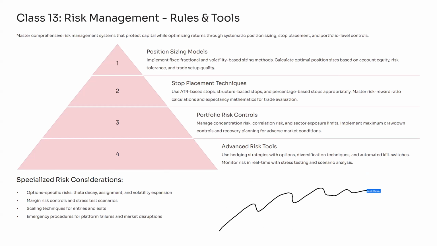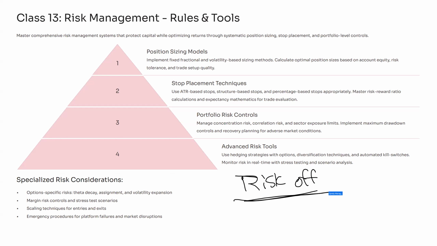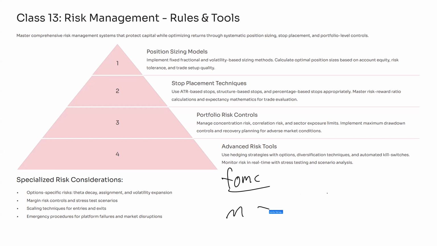There's this thing called risk off. Risk off means that you should be really careful and take smaller positions. For example, this week we had FOMC, which means that up until Monday, Tuesday, Wednesday, I told you guys to scale down and trade fewer contracts.